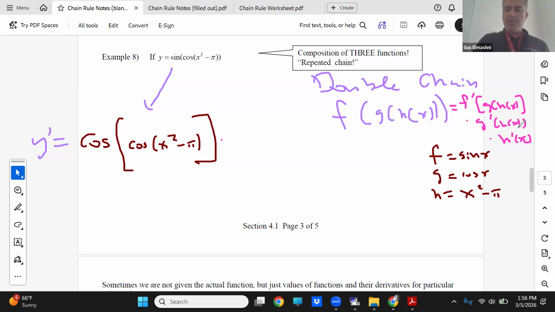Sorry I didn't say it earlier because that's important. So I'm doing f prime, but keeping g of h of x intact. Derivative of sine is cosine, so there you go. Now what's the derivative of cosine? So we're going to do negative sine and keep the inside intact.